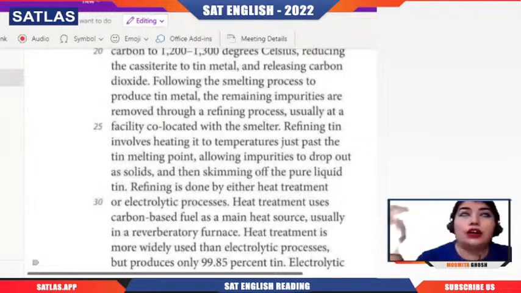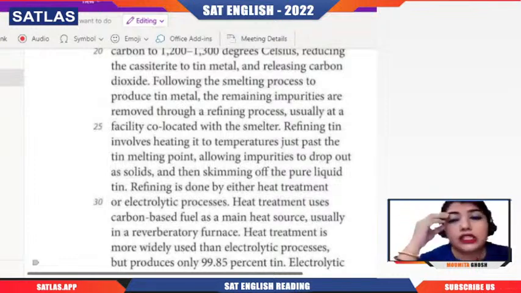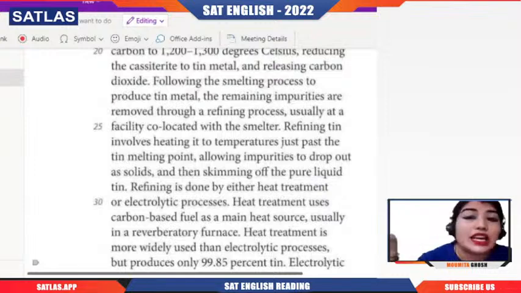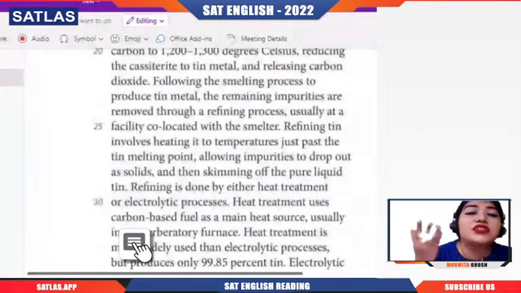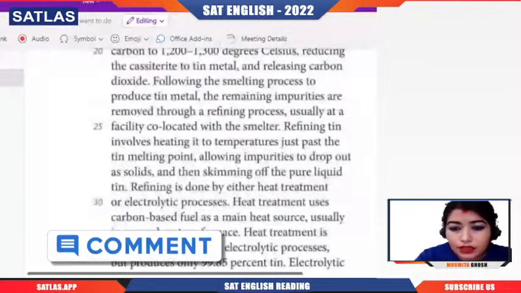So during the smelting process, you will see that impurities are totally cast out. They just drop out in the form of solid. And then skimming of the pure liquid tin. Skimming means a type of sieving. So you are just extracting the purest form.